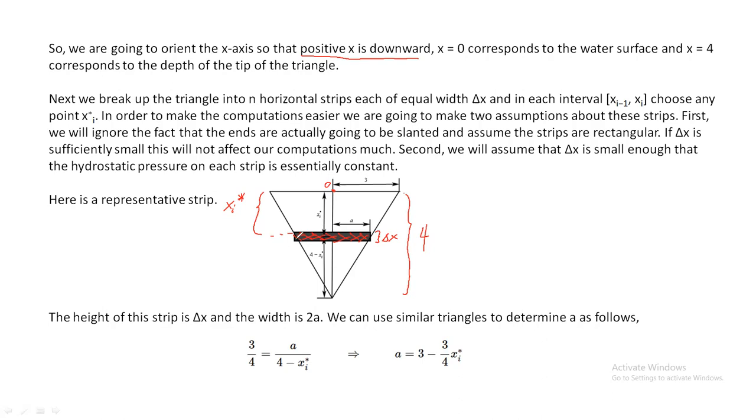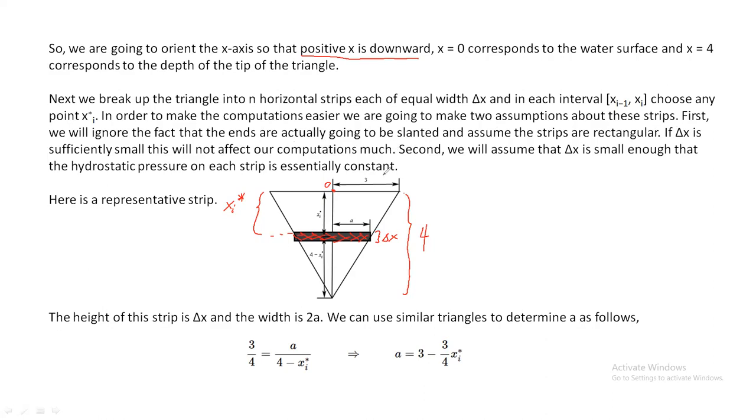But you're going to assume that these strips are so small that it will not be that way. It will be one horizontal strip in which the sides are vertical, not slanted. That's the first assumption. They are actually slanted, but we will assume that they are rectangular. If delta x is sufficiently small, this will not affect our computations much.